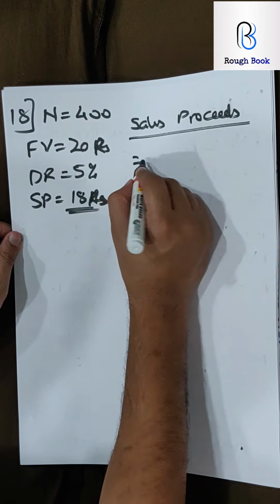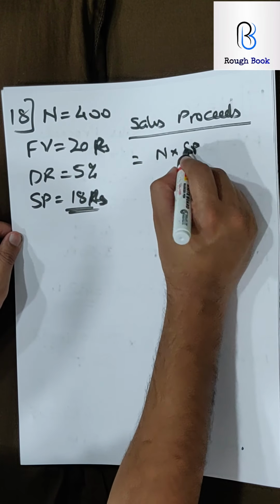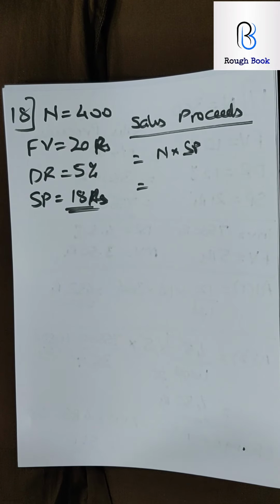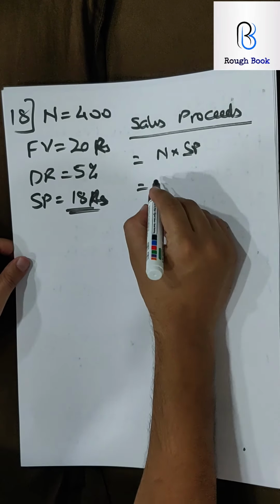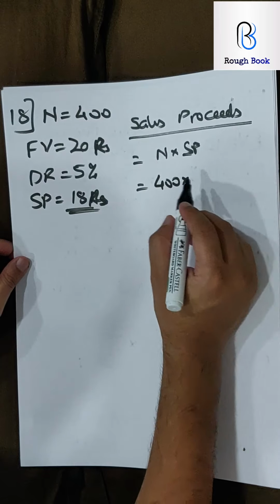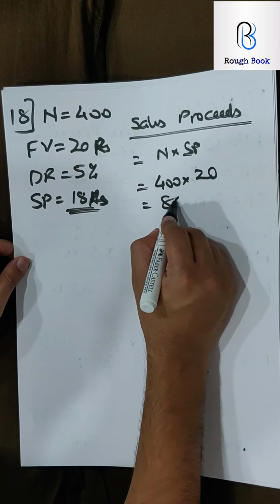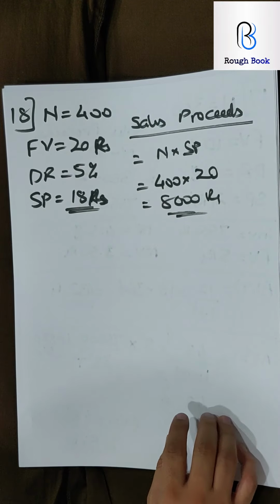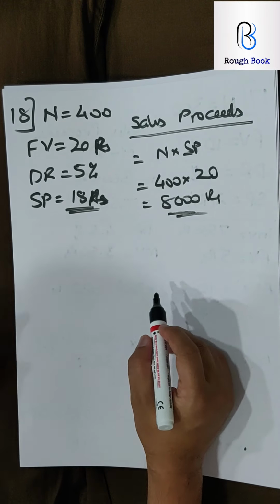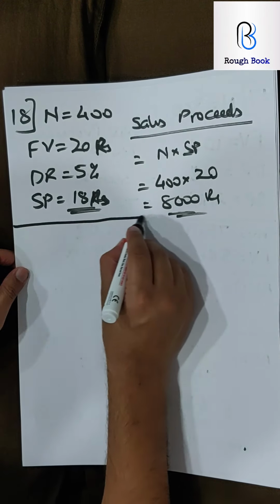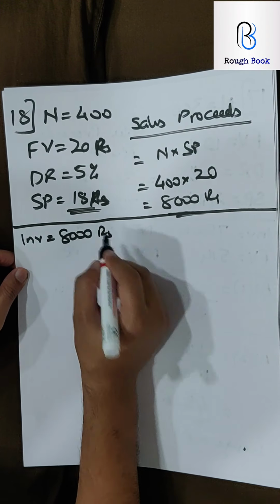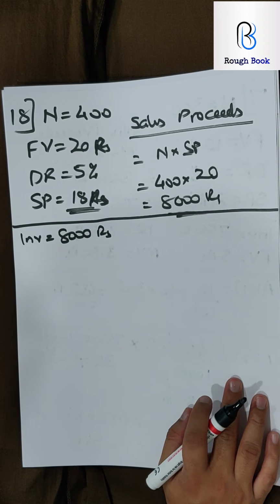So his sale proceeds is equal to number into the selling price. So let's calculate what is the number and what is the selling price. So the number is 400 into selling price 18. So how much money? 7,200 rupees is what he receives. So his investment for the second shares is now going to be that amount. Let's see further what happens.